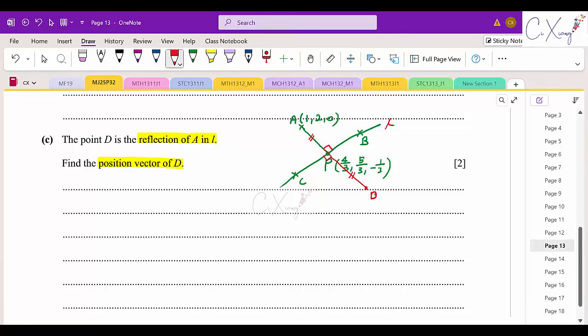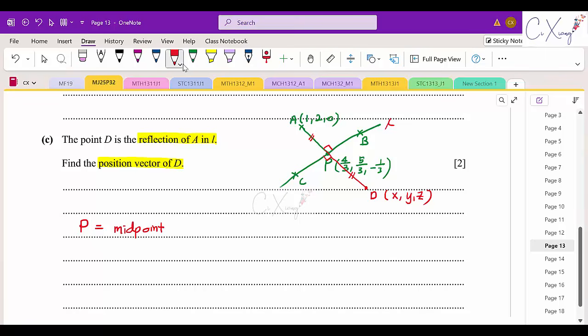So when you reflect the A over here, you'll get a D. Let's say D, I don't know the coordinates, I put it as x, y, and z. So from here, you can see very clearly that point P is the midpoint of AD. I'm using the Cartesian coordinate form to show the answer because I feel that this is easier compared with the vector method. Alright, so P is the midpoint of AD.